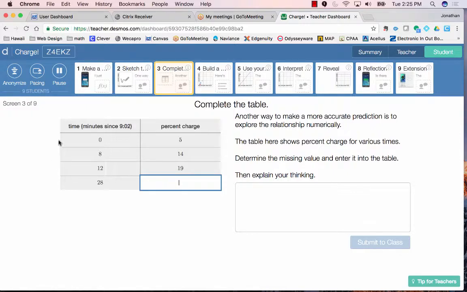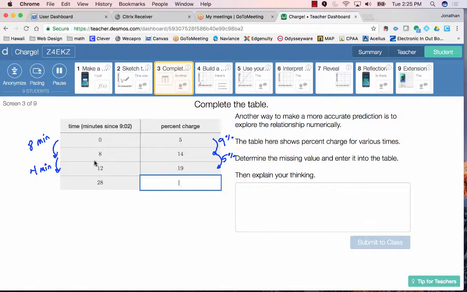We can see after 8 minutes of charging, we went up by 9%. After 4 minutes, we only charged 5%. But now I can say, all right, in 4 minutes it's 5%, in 8 minutes it's 9%.